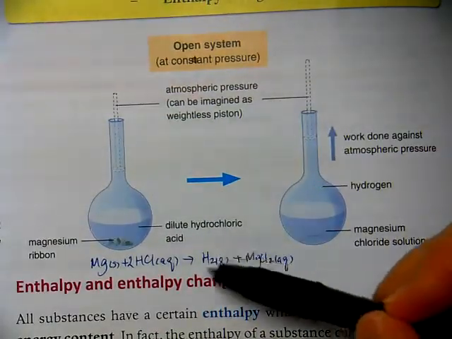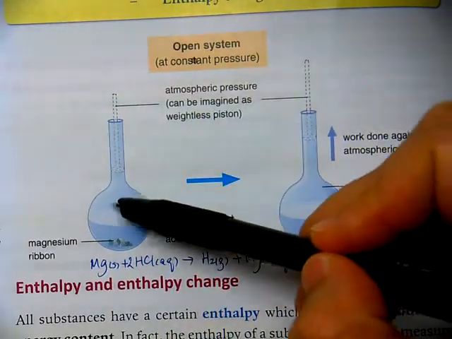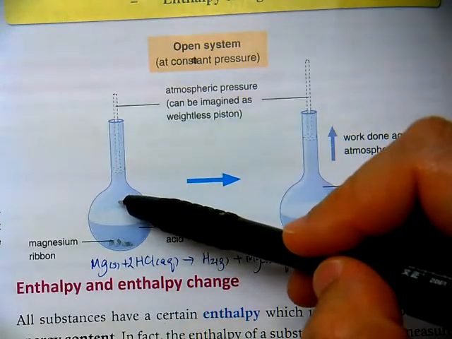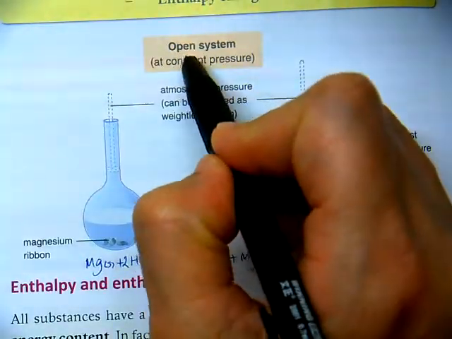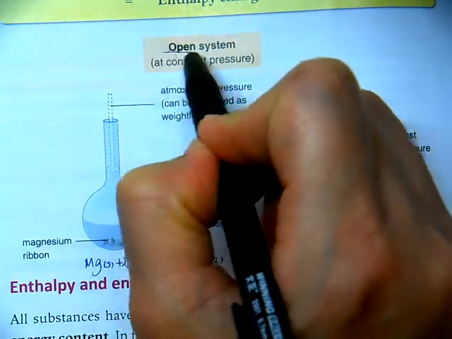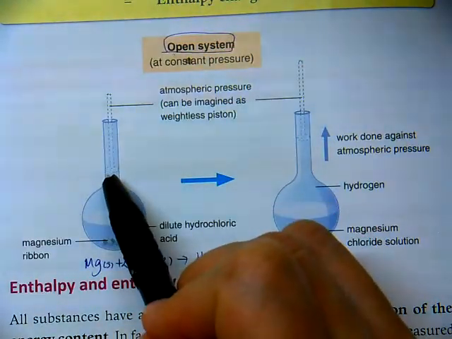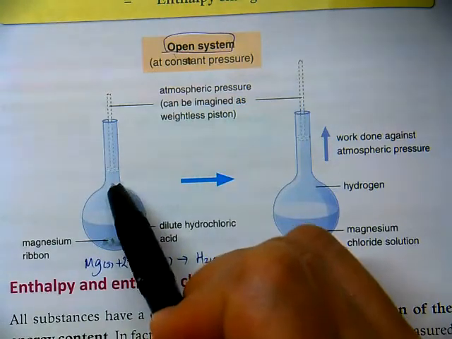Now, because hydrogen gas is formed, pressure inside the flask is building up. However, because it is in an open system, you can imagine there is a weightless piston.